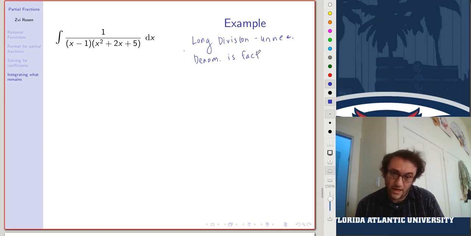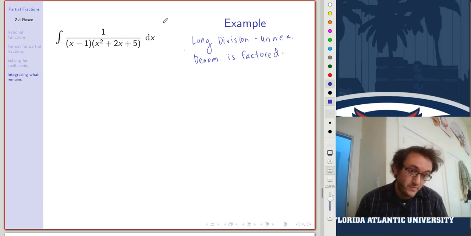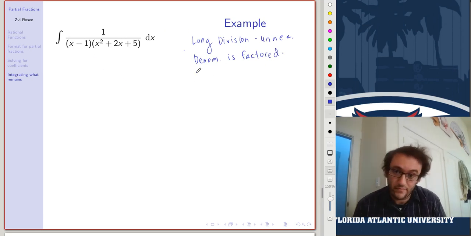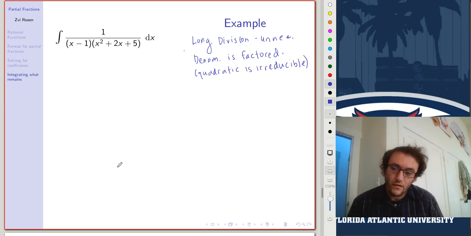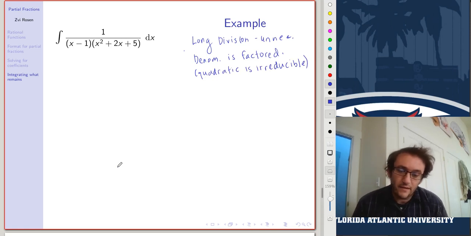You can check that this second quadratic term is an irreducible quadratic. So now let's do the partial fraction decomposition of this rational function, and we're going to do that on the next page.